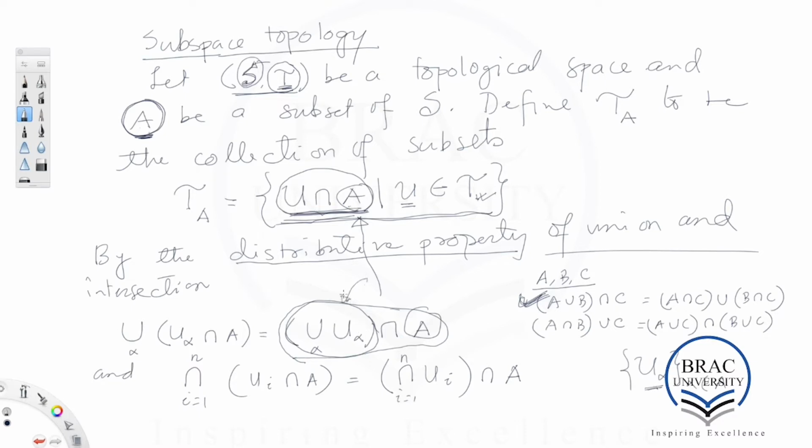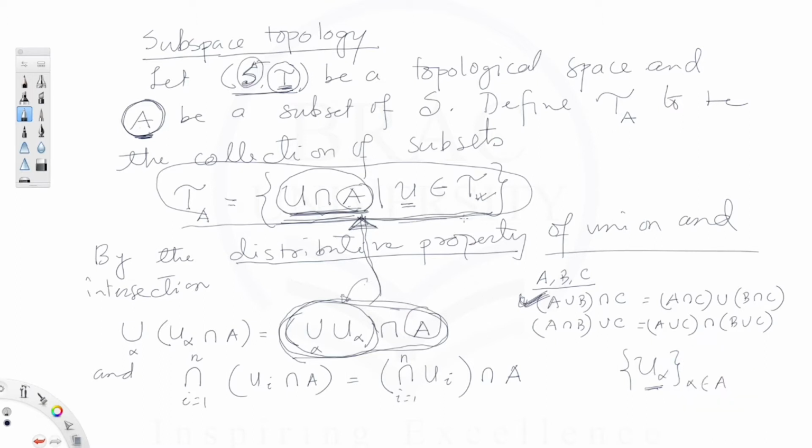We already know it from our discussion of the first segment. So this also belongs to this collection. What does it mean? It means that this collection is closed under arbitrary union. That's what we have found here.